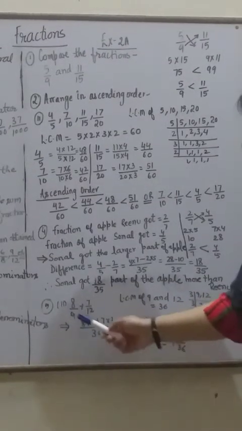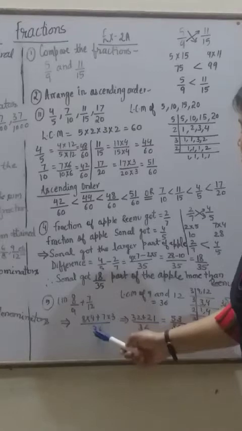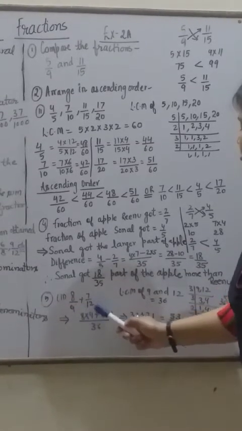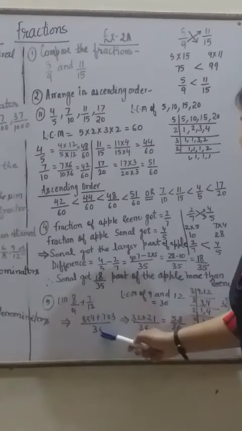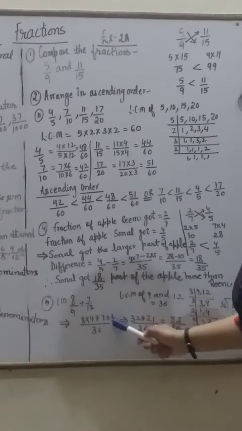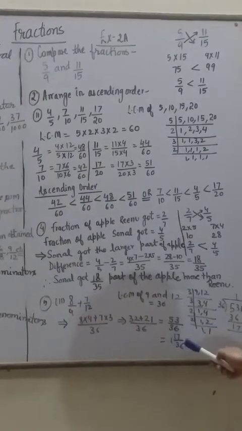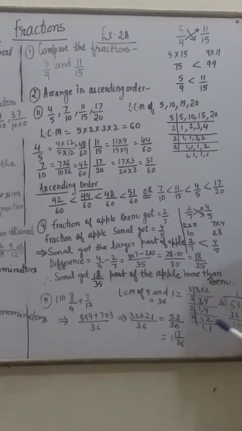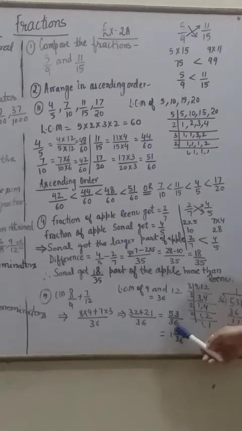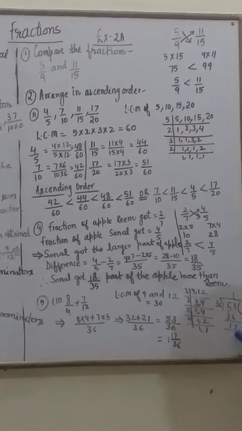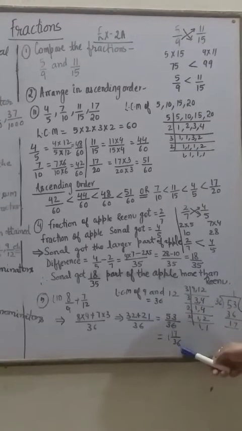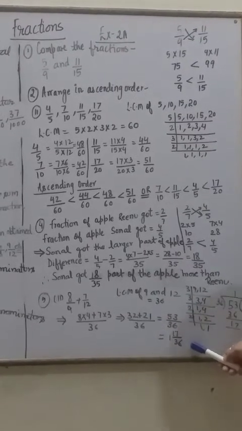Now 36 divided by 9 is 4, 8 4s are 32. 36 divided by 12 is 3, 7 3s are 21. 32 plus 21 is 53/36, and we can always change it into a mixed number. 36 ones are 36, 17 is the remainder, and we can write it in this form also.